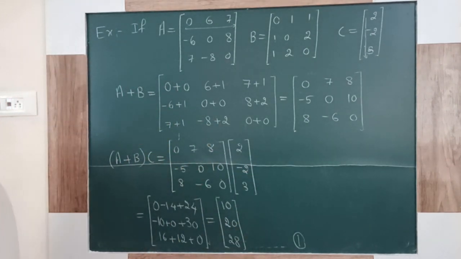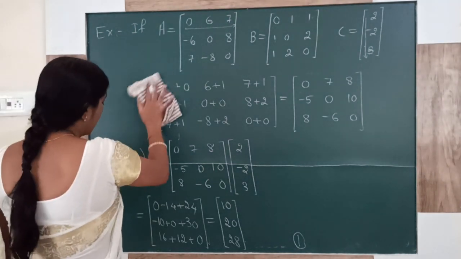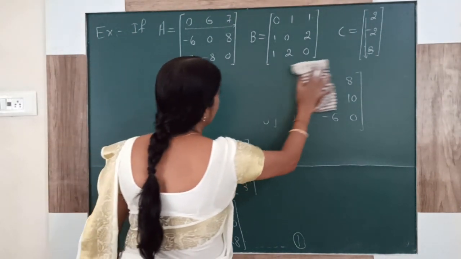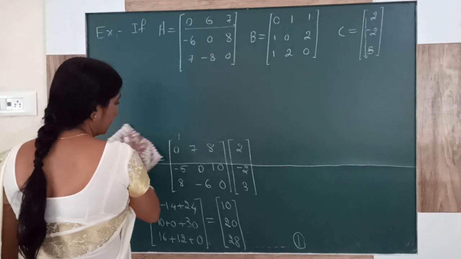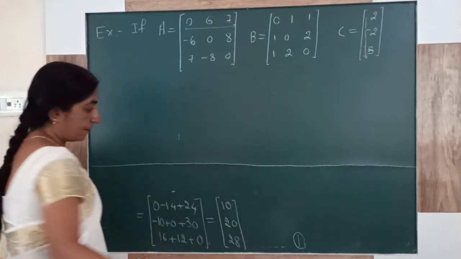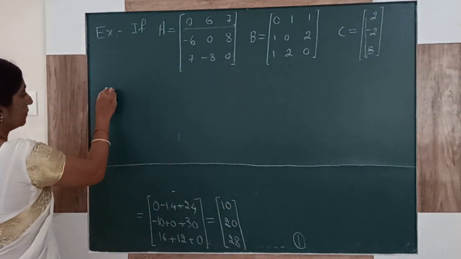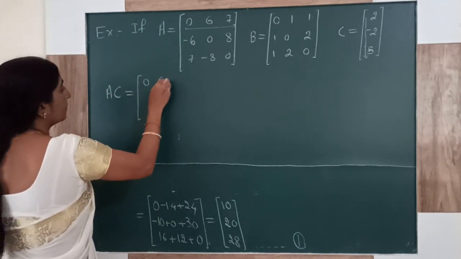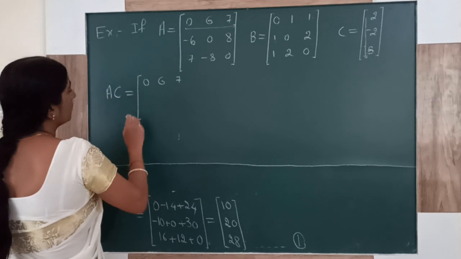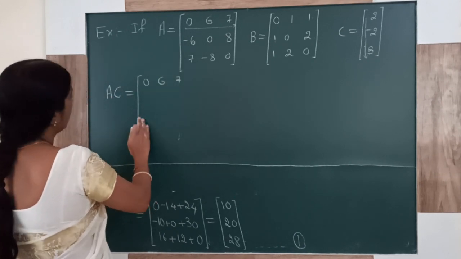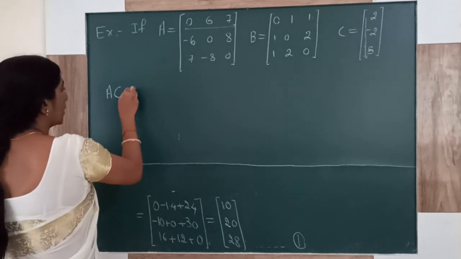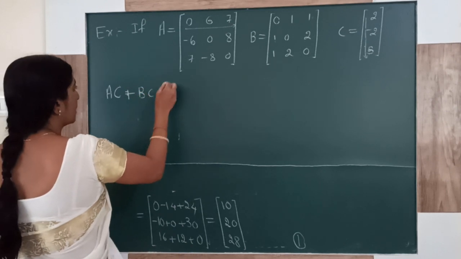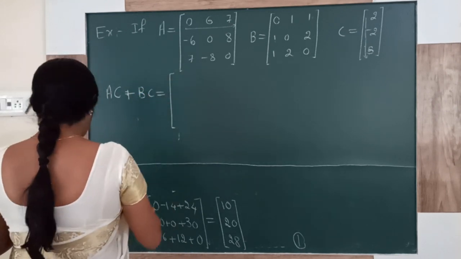Then what we are doing? We are moving to the next one. What is the next one? Next one is AC plus BC. See, already we calculated AC and BC. Now for AC plus BC, have you remembered AC and BC?